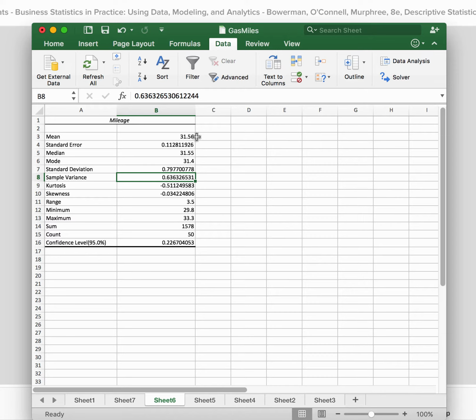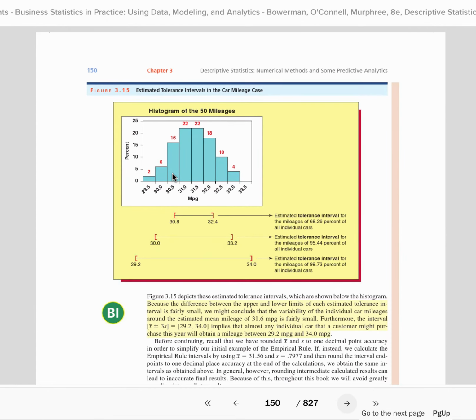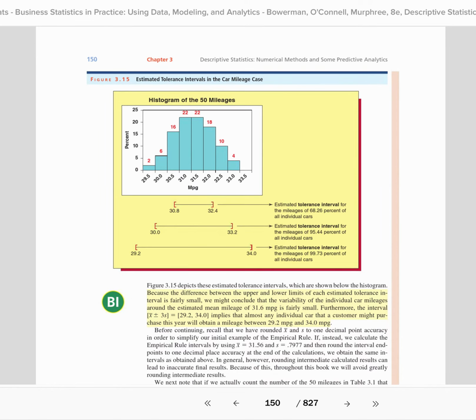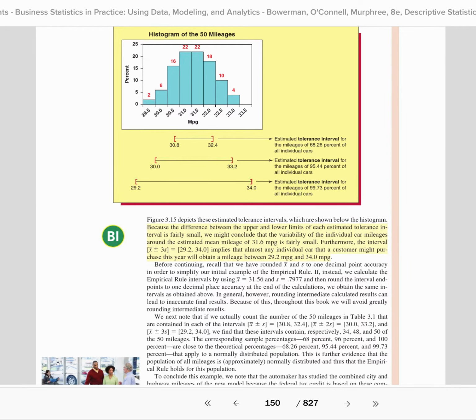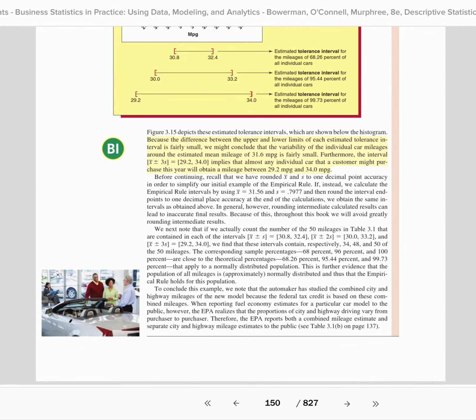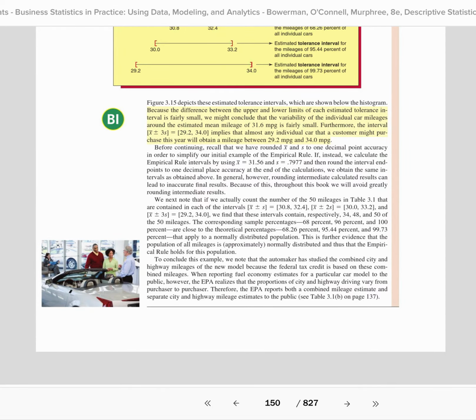So 31.56 plus 0.79, you get 1 standard deviation to the right, and minus 0.79, you go 1 standard deviation to the left. This is how you obtain it, and this is how they got those numbers over here. That's an easy way to define where a data point is located in your distribution.